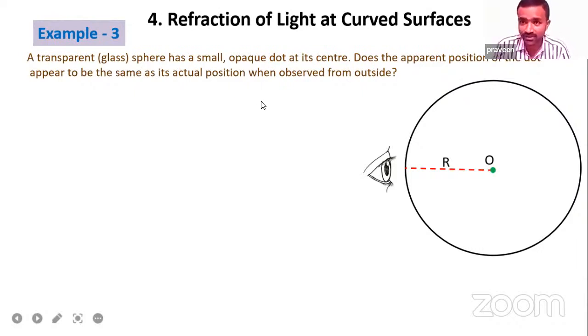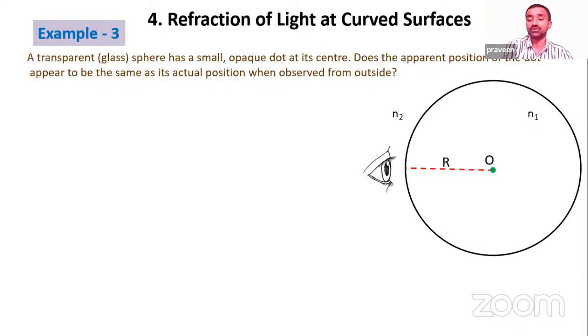So we have to find the image distance, because we are observing the image of the dot, which is inside the sphere. Is it observed at the same distance or at a different position? So where is the object? In the sphere. So the first medium is the sphere, with refractive index n1, and the surrounding medium has refractive index n2.